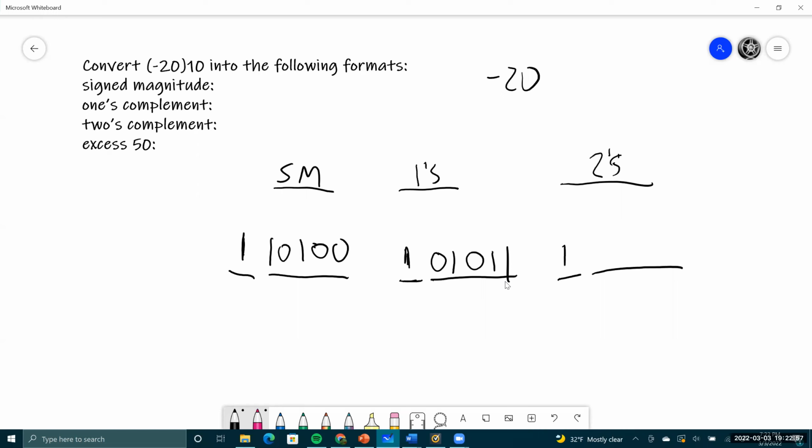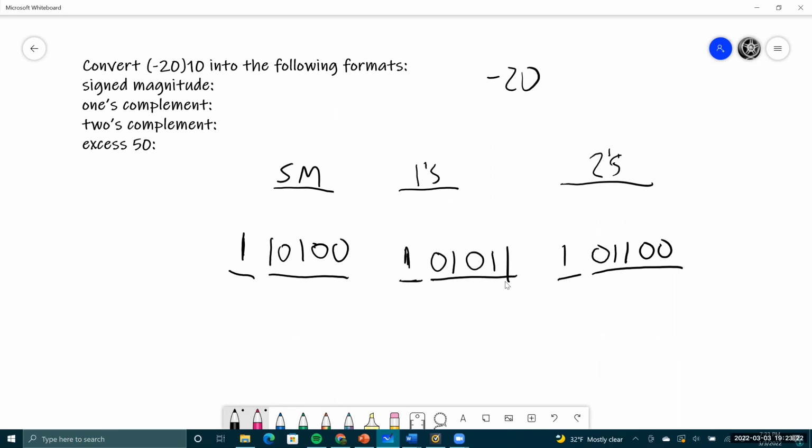It's the 1's complement, except we add 1 to it. And that's done. So if you understand one of these, it's very easy to convert to the other two once you understand the differences between them.